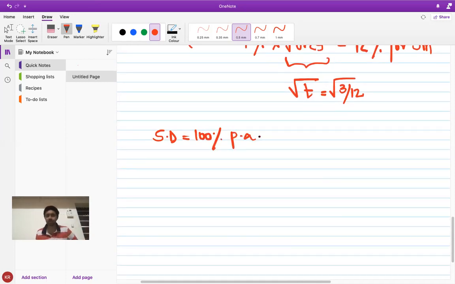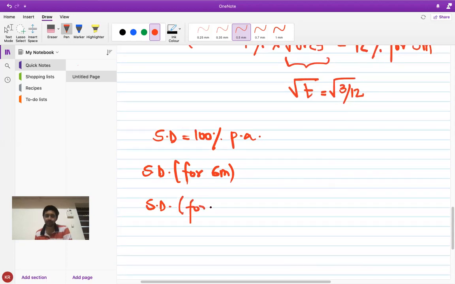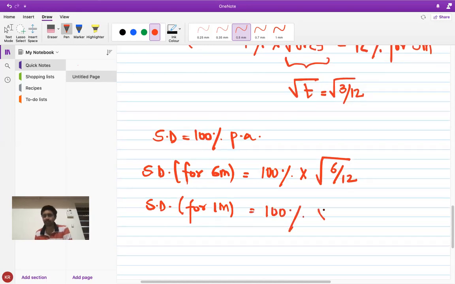Hypothetically, I don't know whose SD will be 100% per annum. Now I'm asking you to calculate SD for 6 months and SD for 1 month. SD for 6 months will be 100% into square root of 6 by 12, and SD for 1 month will be 100% into square root of 1 by 12.